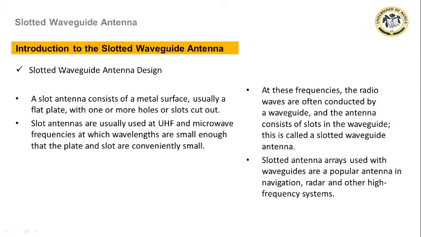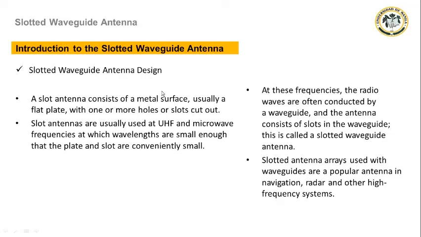Next is the introduction to the slotted waveguide antenna. A slot antenna consists of a metal surface, usually a flat plate, with one or more holes or slots cut out. The shape and the size of the slot, as well as the driving frequency, determine the radiation pattern.